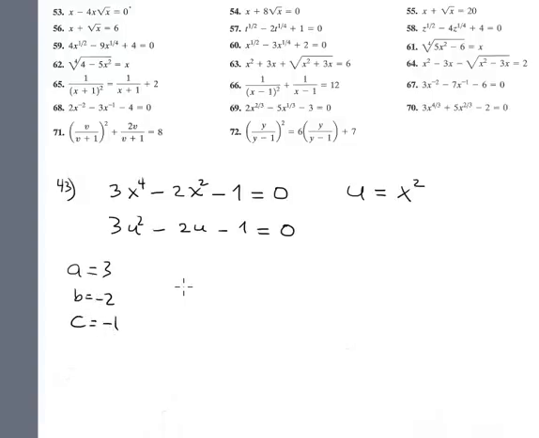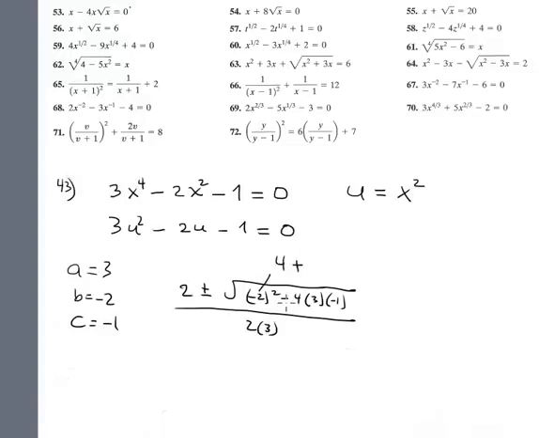The quadratic formula is minus b, which is 2, plus or minus square root of negative 2 squared minus 4 multiplied by 3 multiplied by negative 1, divided by 2 times 3, which is 6. So this is 4, this is plus, this is 12, and this is 16. And square root of 16 is 4. And so far we have 2 plus or minus 4 divided by 6.